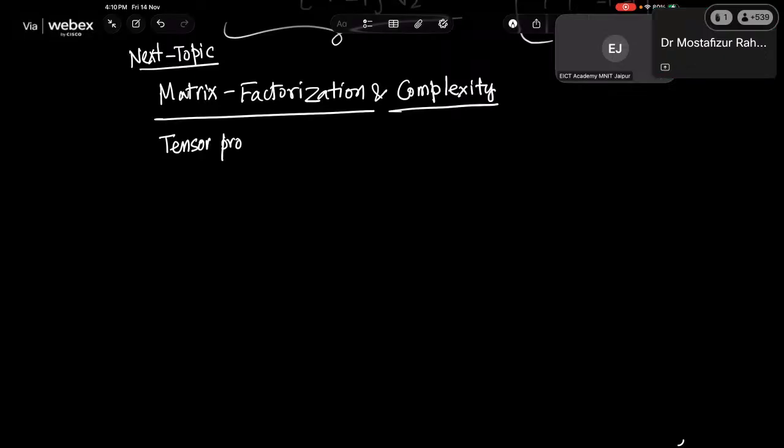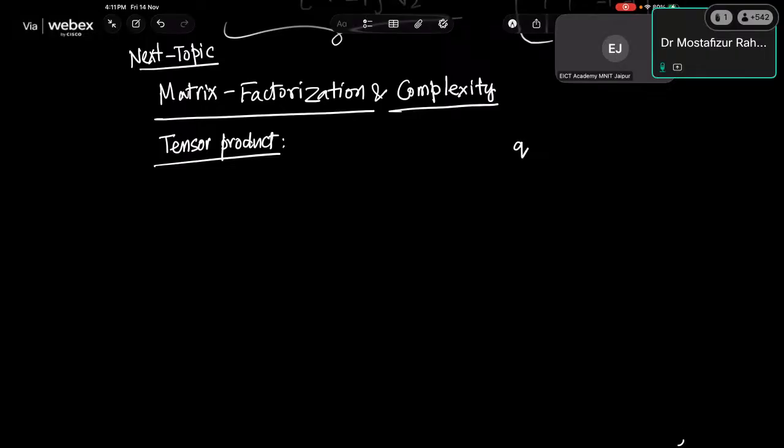Tensor product. This is very, very important in the context of quantum computation or quantum technology. And the reason it is related is, suppose you have two quantum particles or two quantum phenomena.